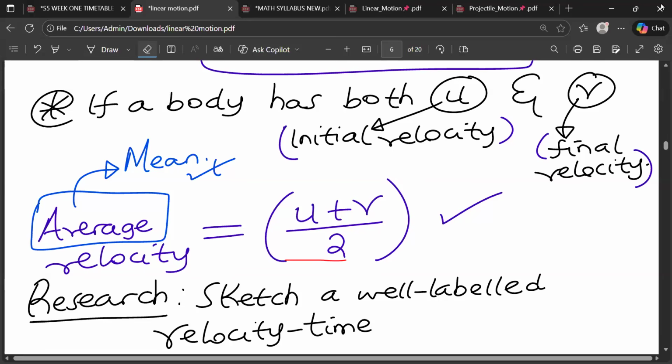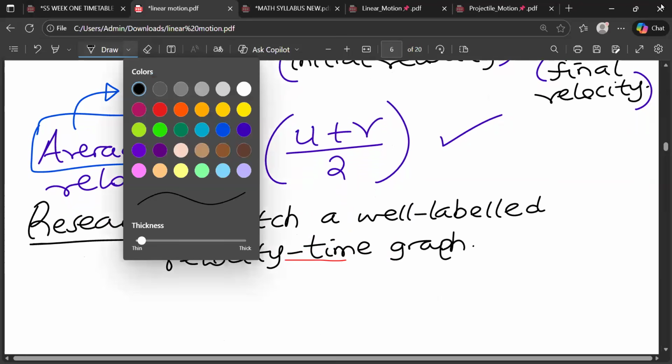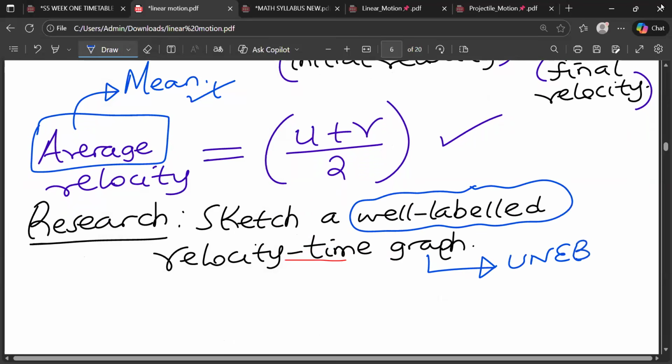Okay, so the research is you go and sketch a well-labeled velocity time graph. Well-labeled. You go and check UNEB 2024, 2023.